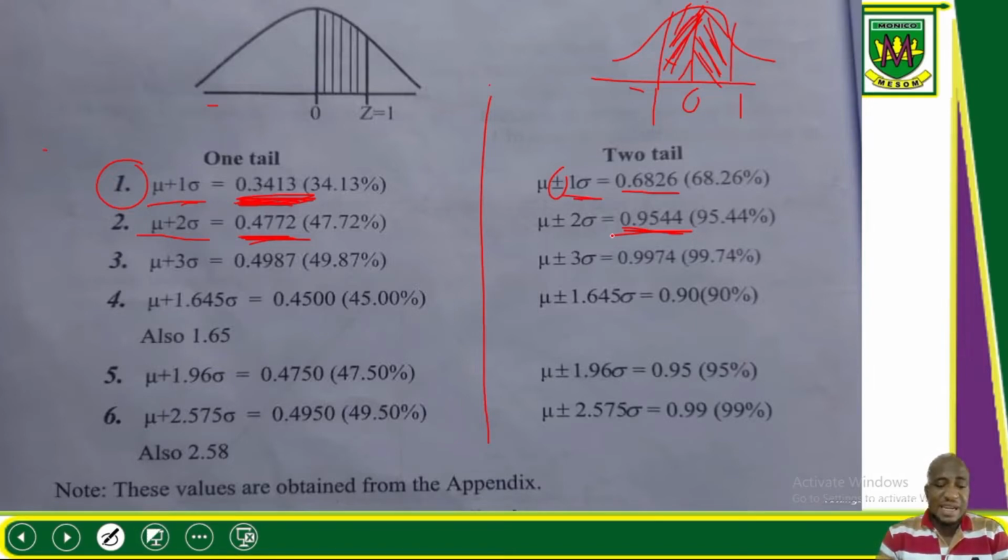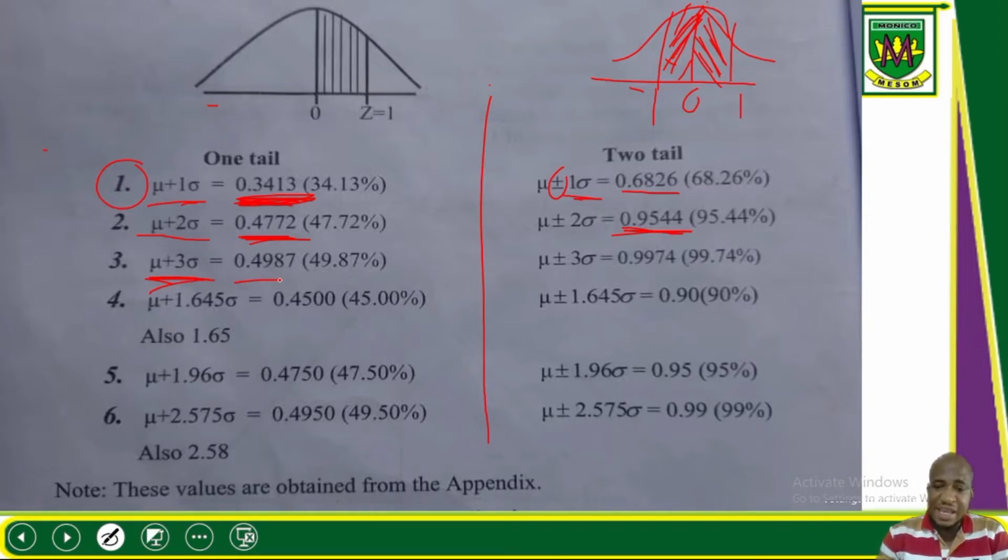Mean plus 3 standard deviation units. When you move 3 standard deviation units from the mean, that is the mean plus 3 standard deviation units, because the plus there means moving towards the right direction. On the table, you will see 0.4987. On the table, you will see 0.4987.